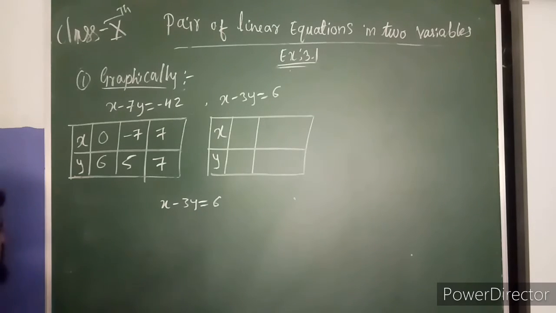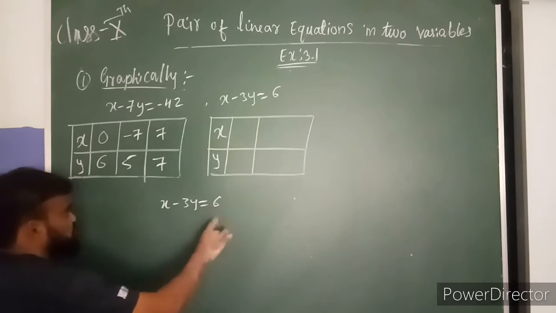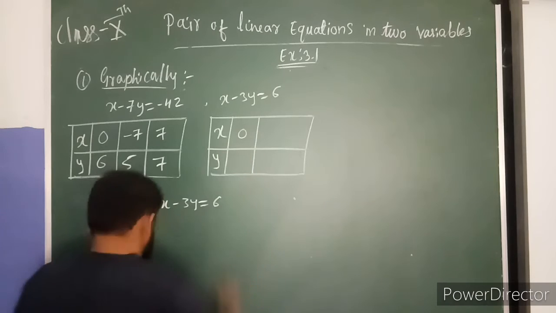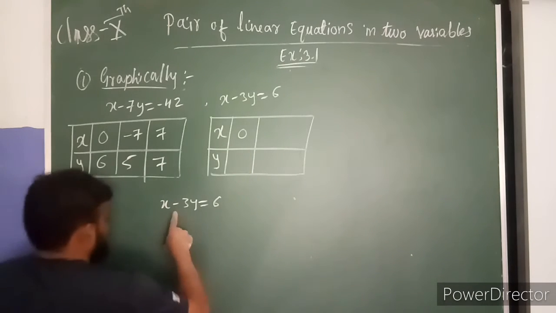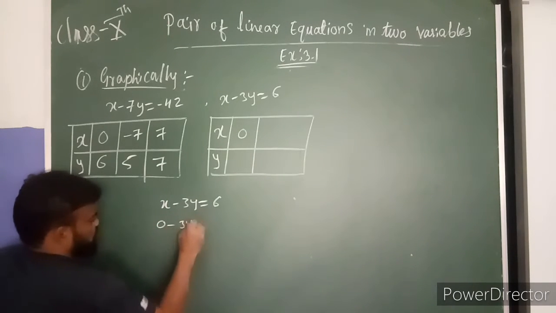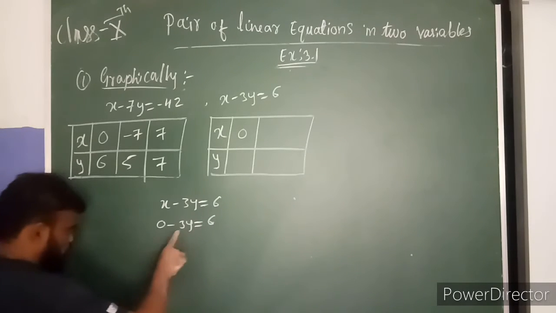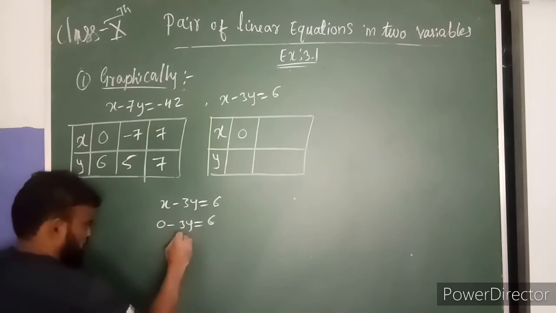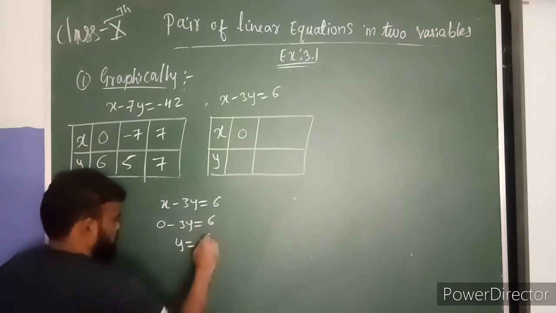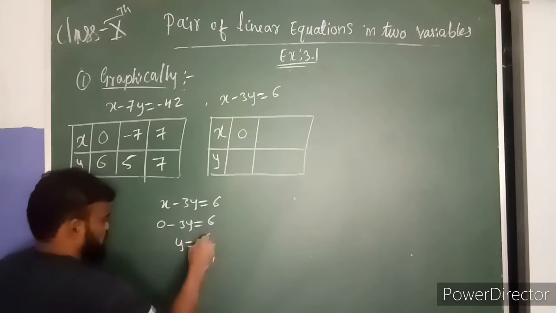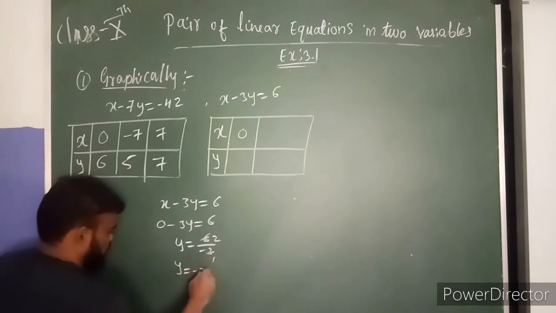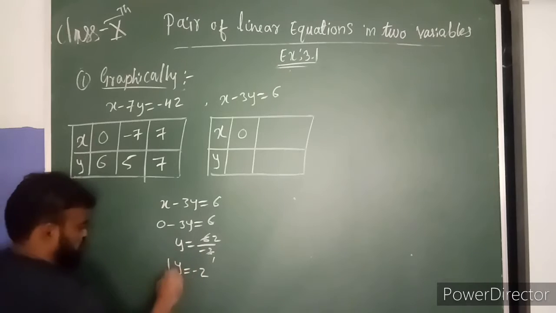What value should we take? x is equal to 0, so we can take it as 0. If I take x is equal to 0, what will we get? See, x is 0, minus 3y is equal to 6. So we drop the 0 and y is equal to 6 divided by minus 3. 3 twos are 6, and y is equal to minus 2, because plus over minus is minus.